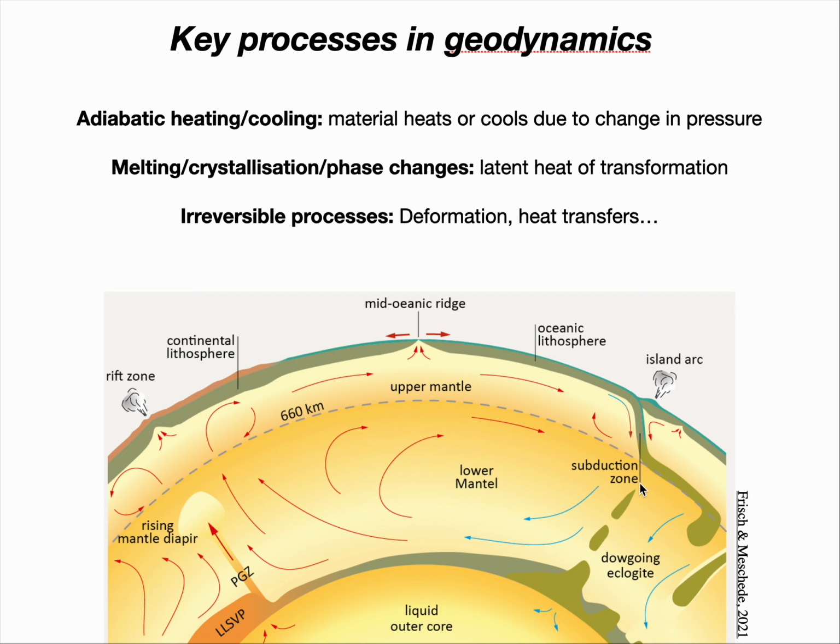Melting, crystallization, and phase changes, they involve latent heat of transformation, so we will also discuss this part, and there will be a part, of course, on irreversible processes, which will also come into the balance of total energy.